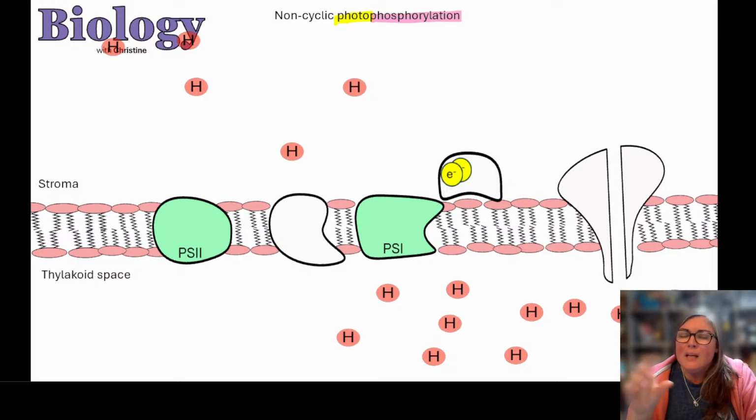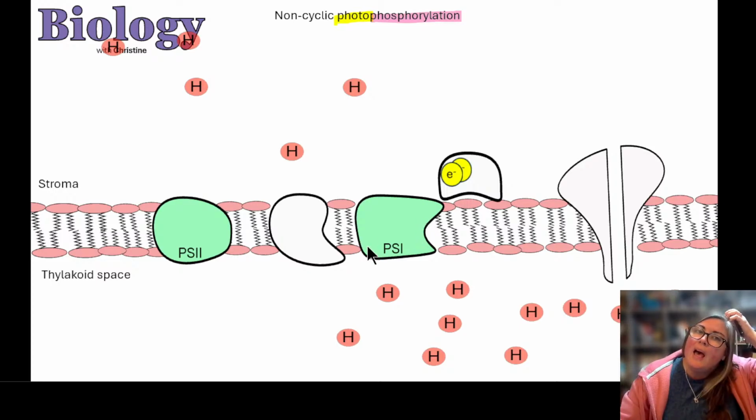So it's a kinetic energy. The light energy is being absorbed. That light energy has then excited the electrons up to a higher energy state, and then as they are moving through, they will release energy by pumping hydrogen ions against the concentration gradient.